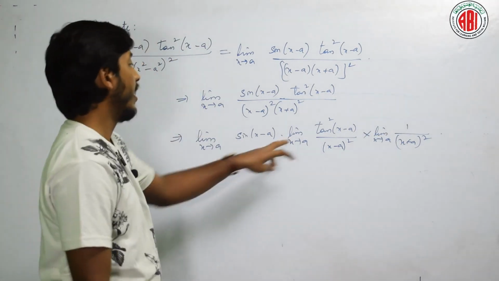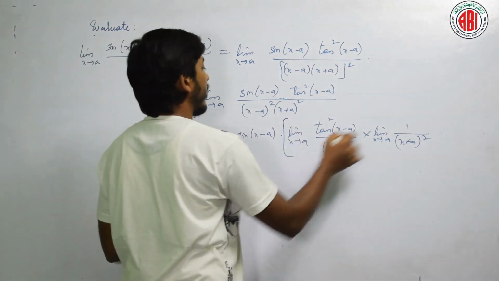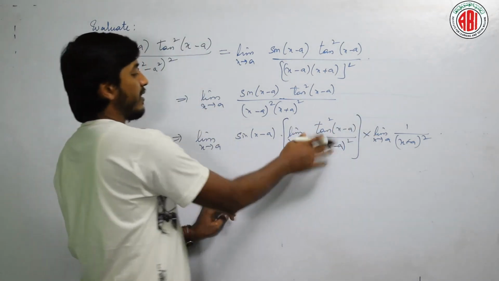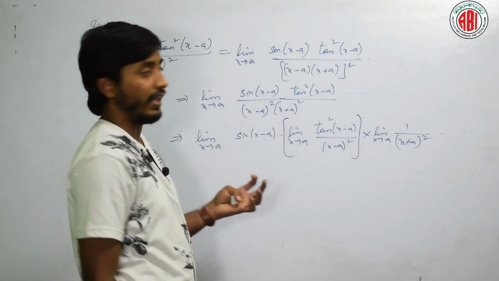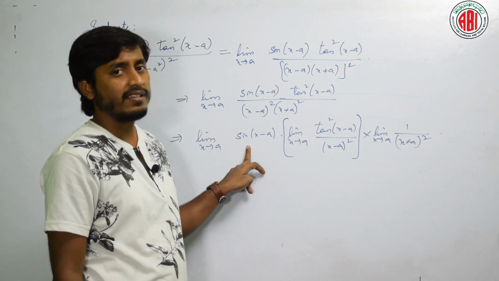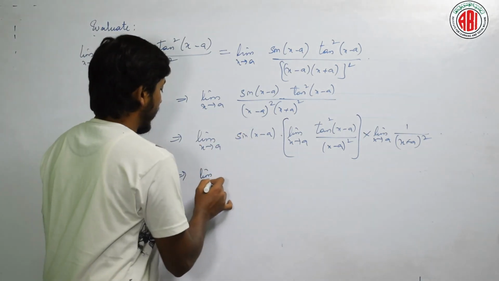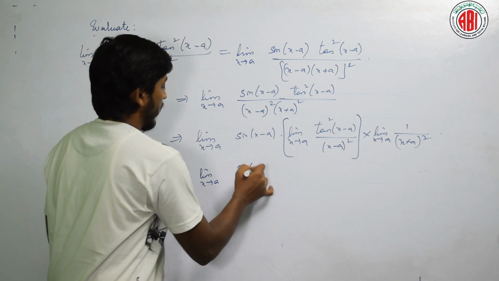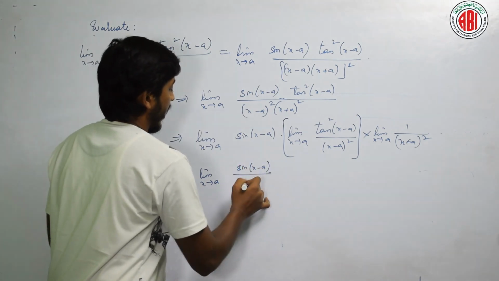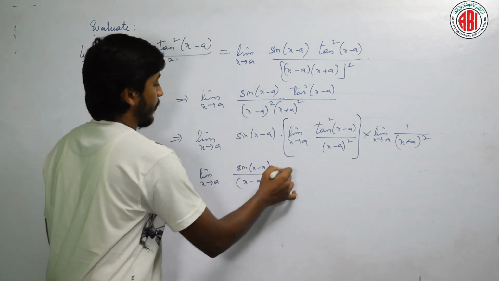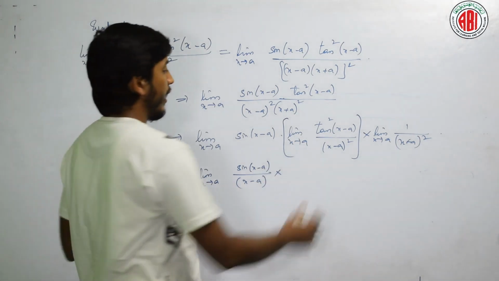If you observe, I have this whole term as tan of x minus a by x minus a whole square, right. Do I have anything for x minus a? So, let us multiply and divide x minus a for this sin term. Let us write it in that.